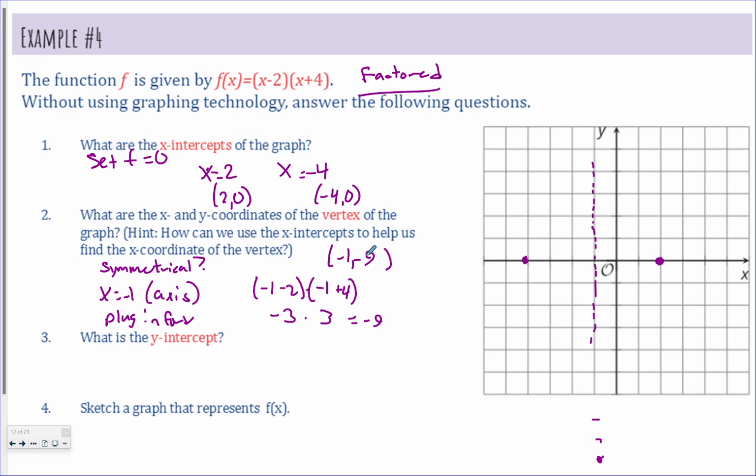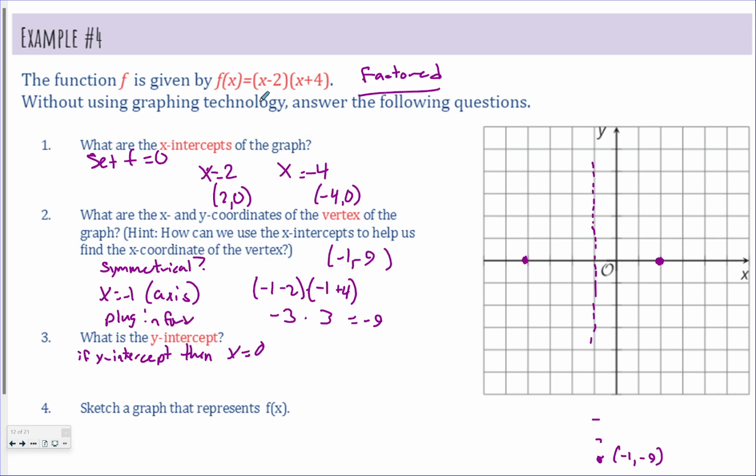All right. And so now we know the vertex, so great, is that the y-intercept? No. Remember, y-intercept occurs when x is 0. So plug 0 into this function. So let's write here, (-1, -9).